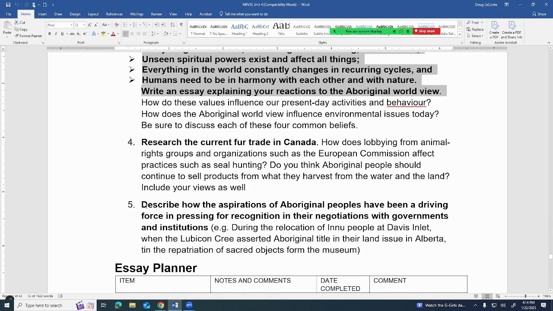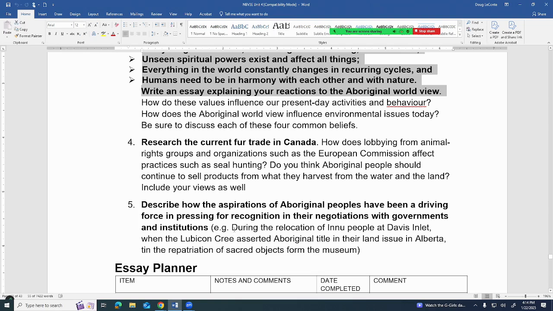Number five, describe how aspirations of Aboriginal peoples have been a driving force in pressing for recognition in their negotiations with governments and institutions.